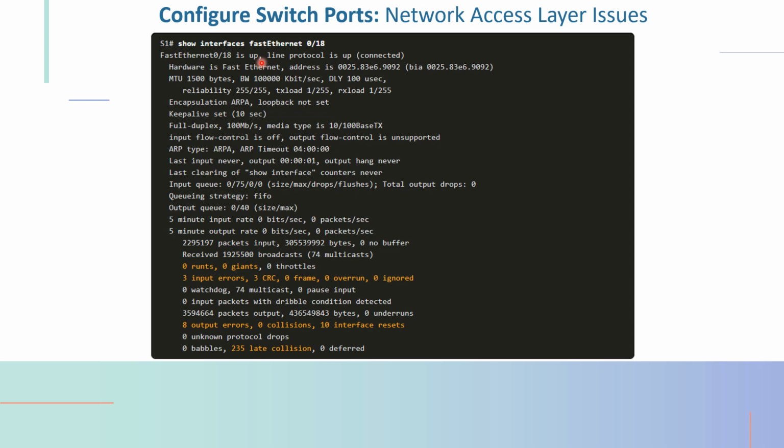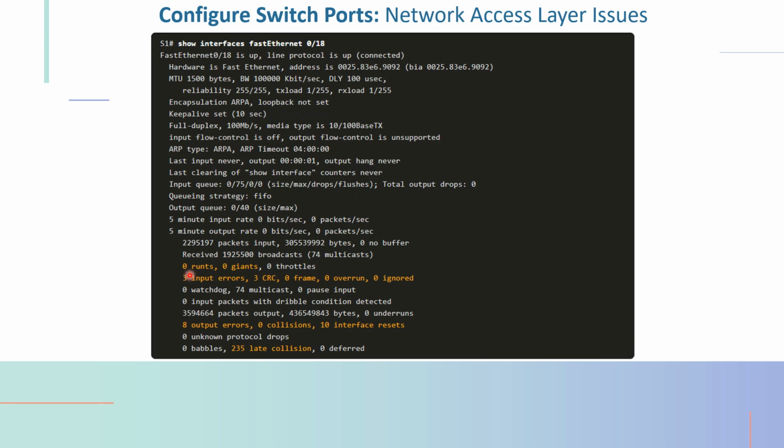If the interface is administratively down, it has been manually disabled by using the shutdown command in the active configuration. The show interface command output displays counters and statistics for FastEthernet 0/18, as highlighted here in orange.